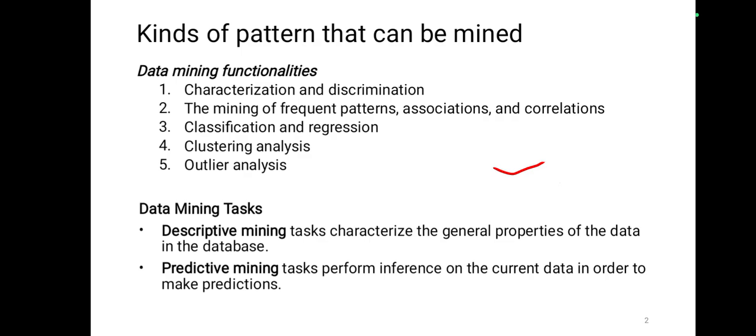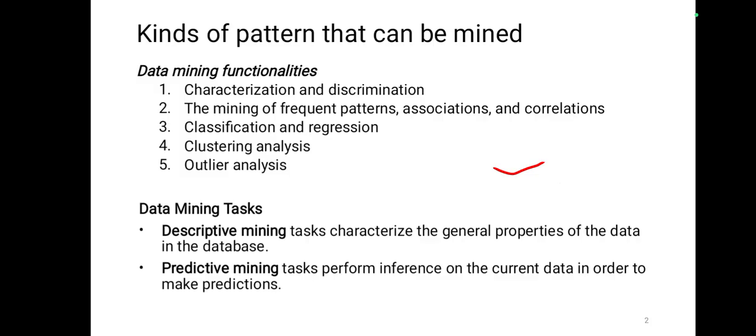Maybe they are adults, or they could be aged between 25 and 40, or they may visit the store every month or every week. Some spend more than 50,000 annually. This summary is called characterization, how we characterize the attributes based on some data.